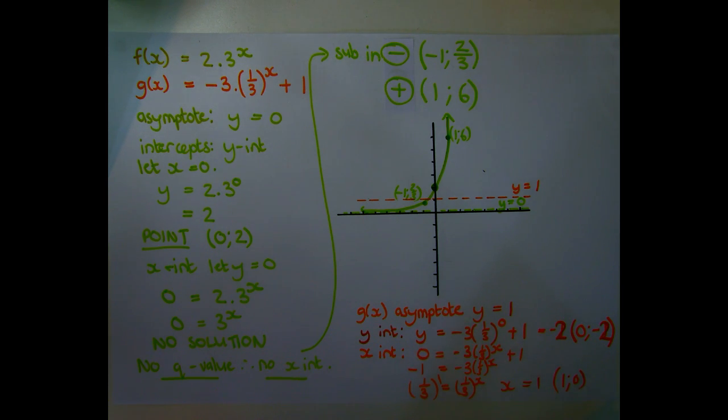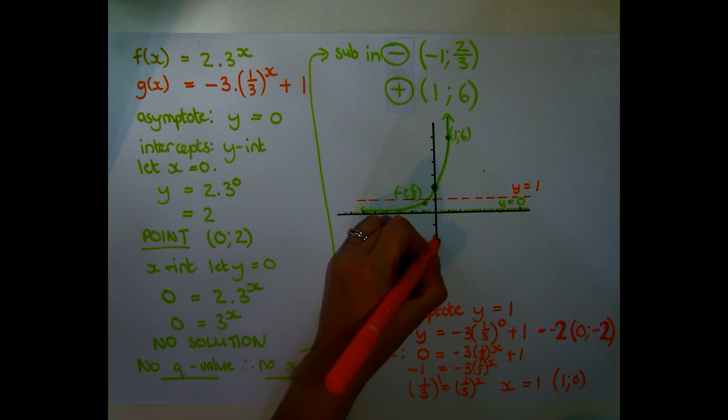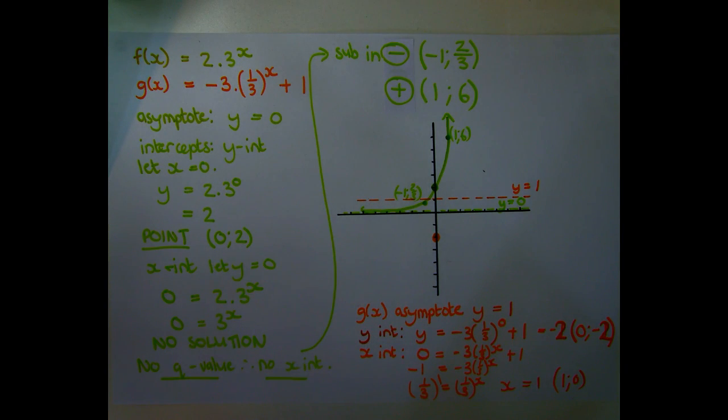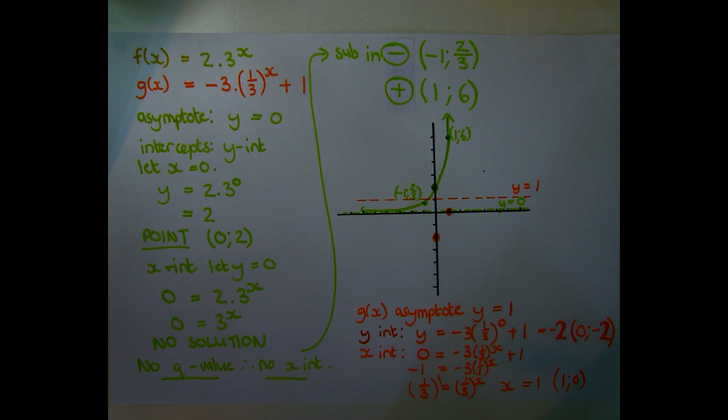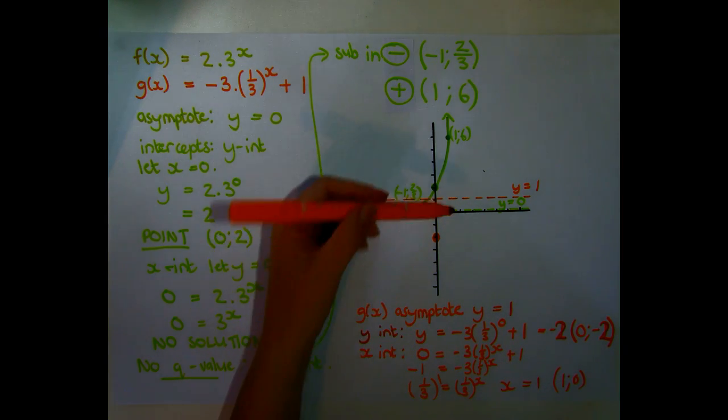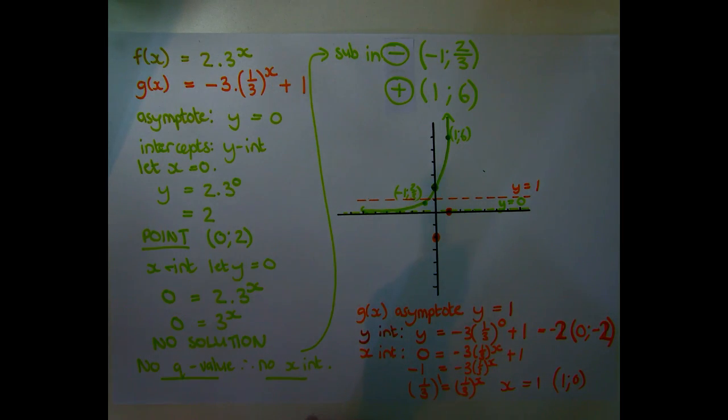Then I do have another 2 points. I have the y-intercept and I have the x-intercept. The y-intercept is that point 0 and -2, so it's down here. And the x-intercept is the point 1 and 0, so it's down there. So how do I know now what shape this graph has got?